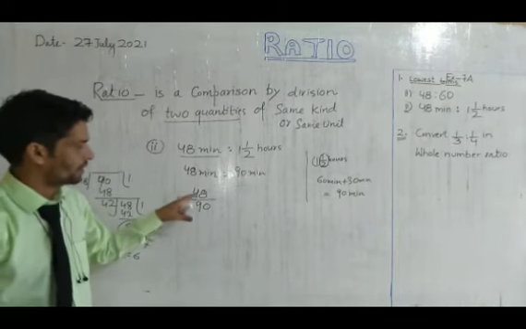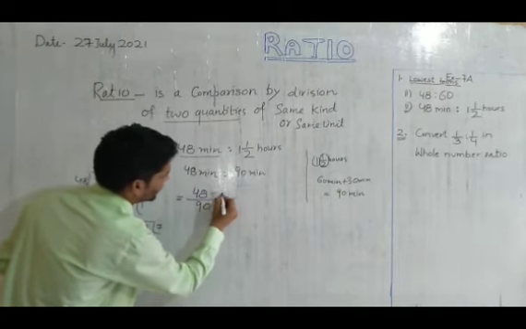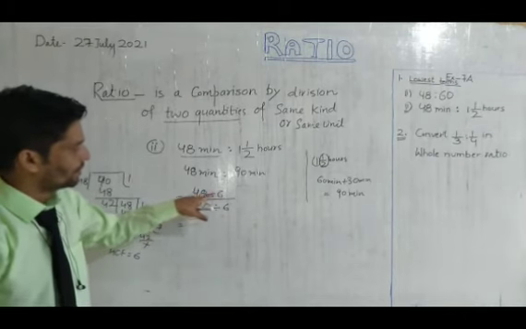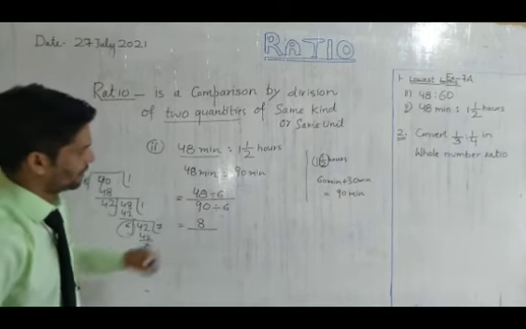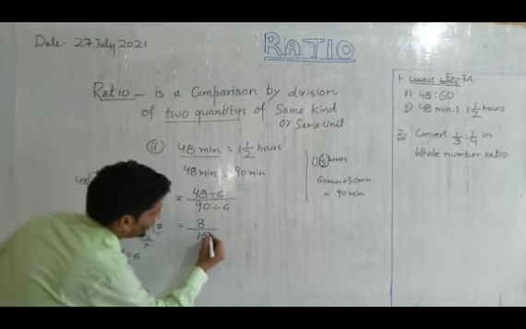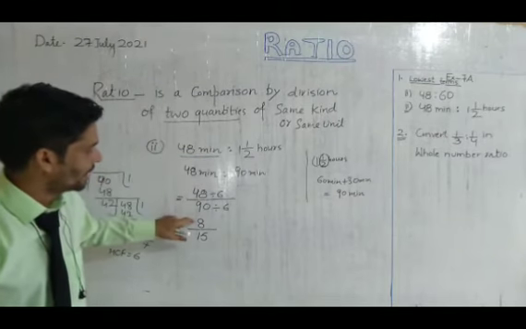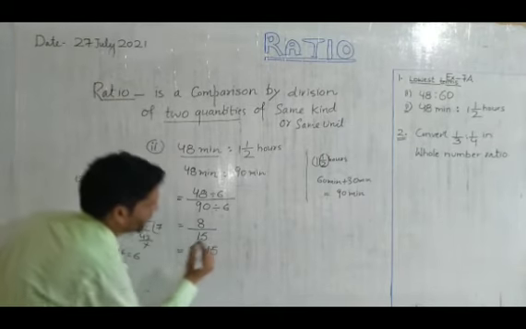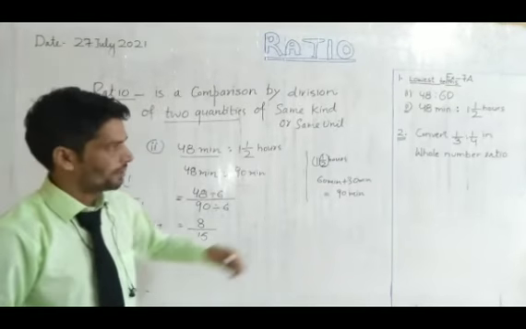So divide both numerator and denominator by 6. When you divide 48 by 6, what comes? 8. And 90 divided by 6 comes 15. The ratio between 48 minutes and 1.5 hours is 8:15. At last you can write 8:15.